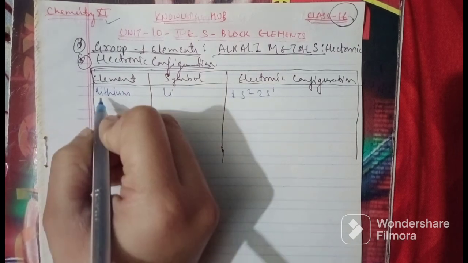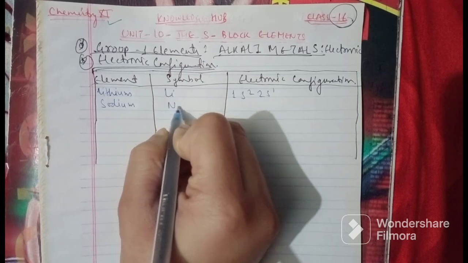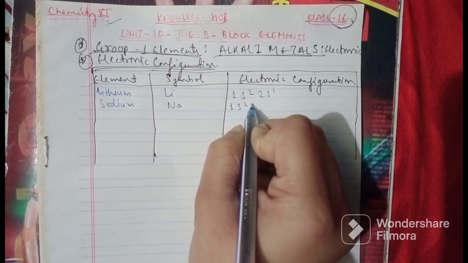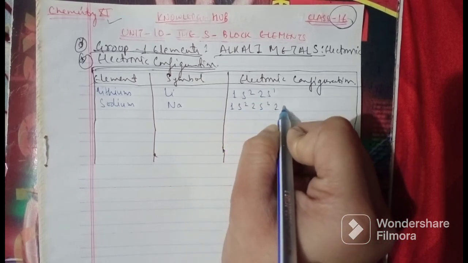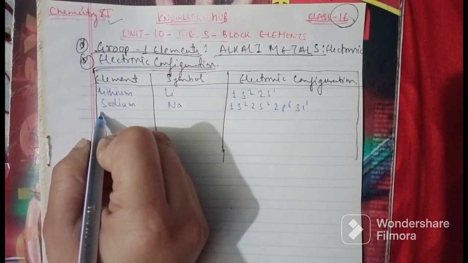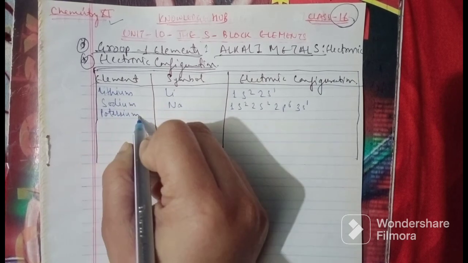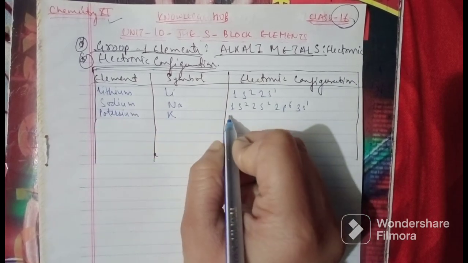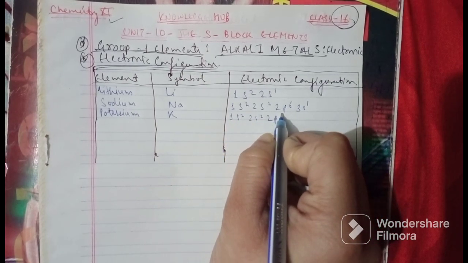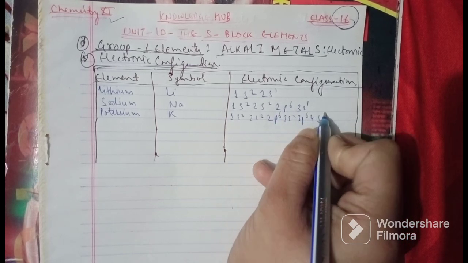Another is sodium. The symbol is Na, and the electronic configuration is 1s2, 2s2, 2p6, 3s1. For potassium, the symbol is K. This is 1s2, 2s2, 2p6, 3s2, 3p6, 4s1.